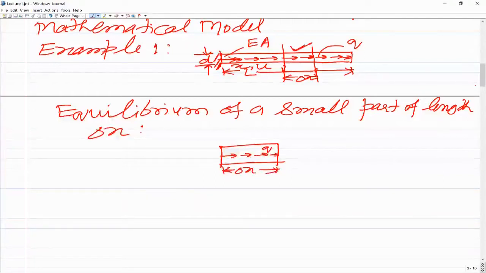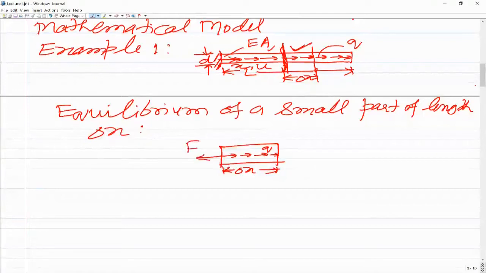In addition to this, when you look at the left section, the part on the left side will be exerting some force onto this particular part of length delta x. Let us say that force is the axial force, and it is given by F.